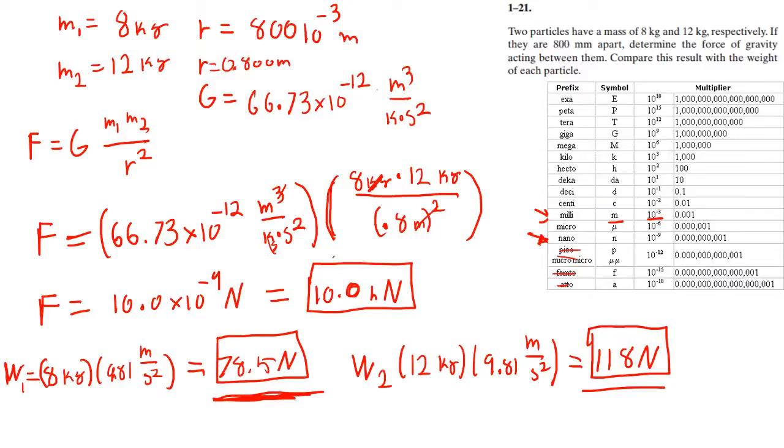They're very close to each other, and they're only exerting 10 nanonewtons. That is insane. That is 0.01 micronewtons. So yes, this is very small compared to the weights. That's what it wanted to get at with this.